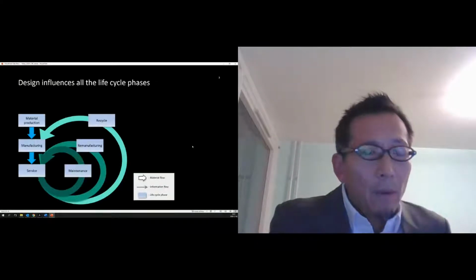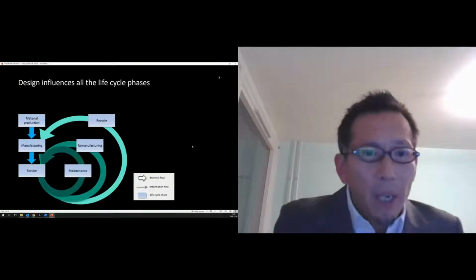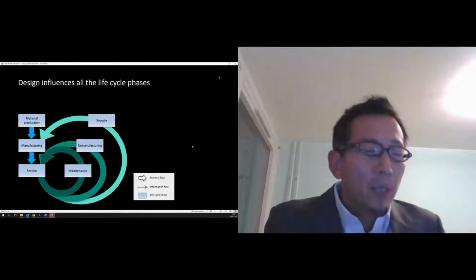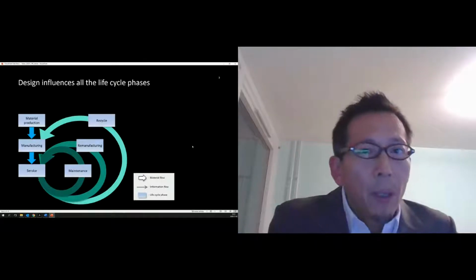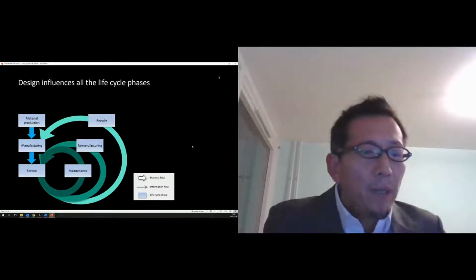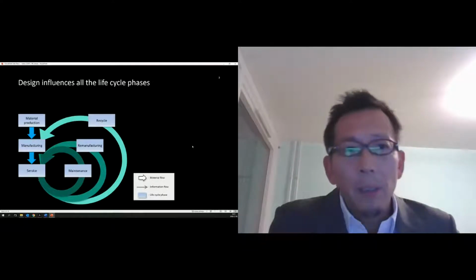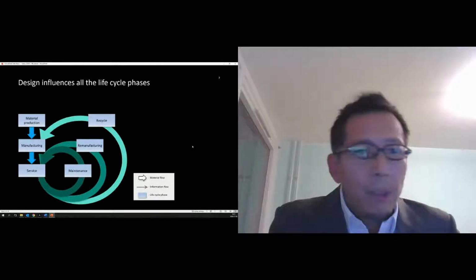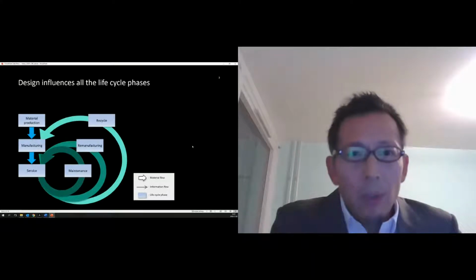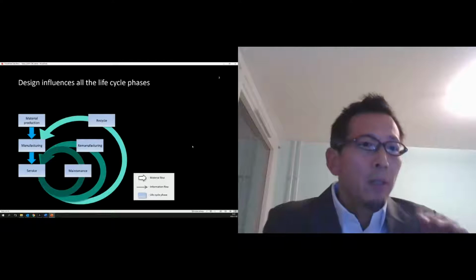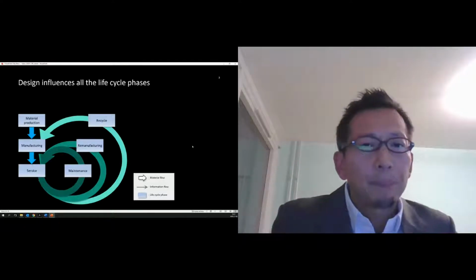If I reformulate the butterfly diagram to a more process-oriented description, we see different processes in the product life cycle, and between different processes there are material flows at the levels of material, component, and product.